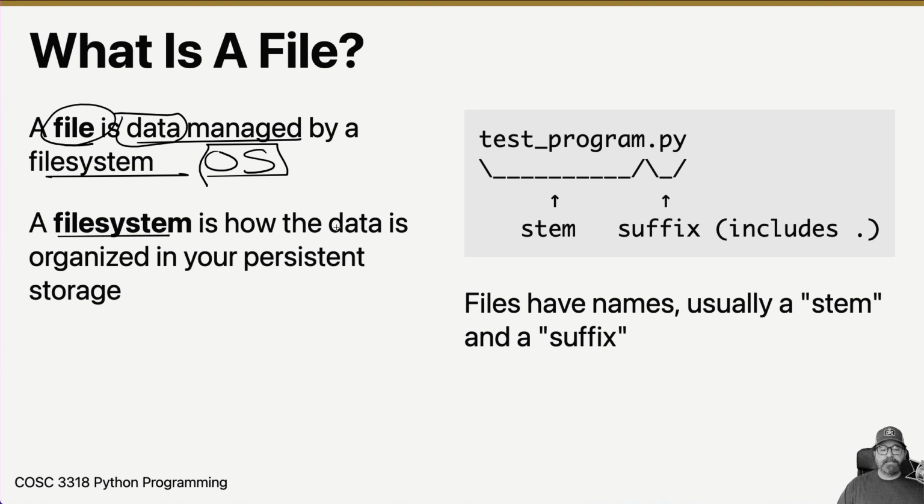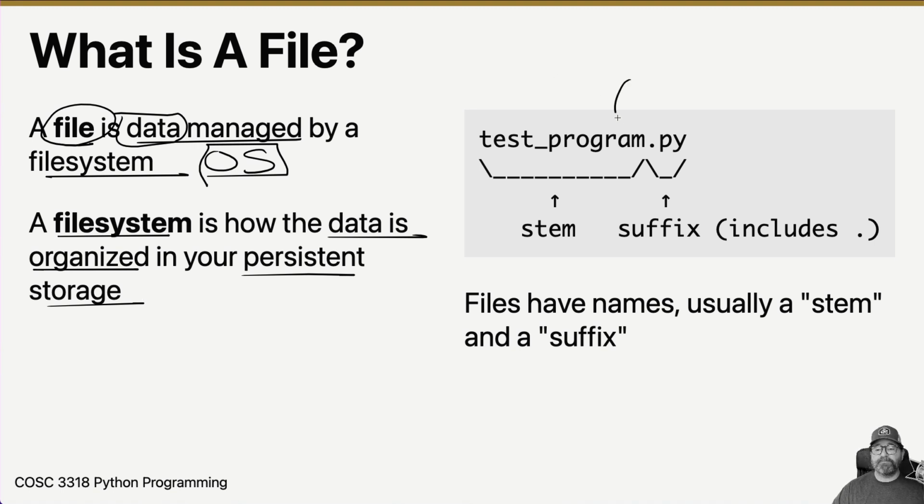A file system is just how that data is organized in your persistent storage, on your hard drive, on your SSD, on your USB drive, anything that you can save things to and it stays there. And that file system figures out where that data is stored and how it is stored.